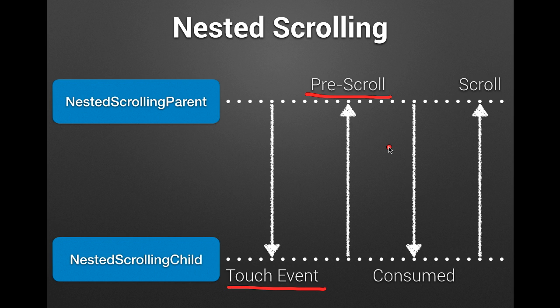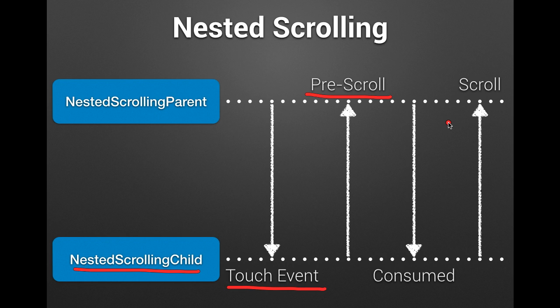Now it's a little confusing because the gesture itself never leaves the child view, because that's just the way the touch framework works in Android, and you can't change that. But the events, as far as what the user actually sees, can be manipulated such that in a pre-scroll, the parent has the opportunity to say, yes, I'd actually like to take all of that, or maybe I'd only like to take some of it, or no, I don't care.